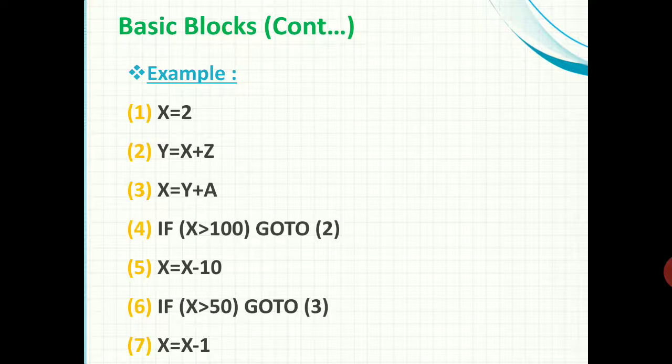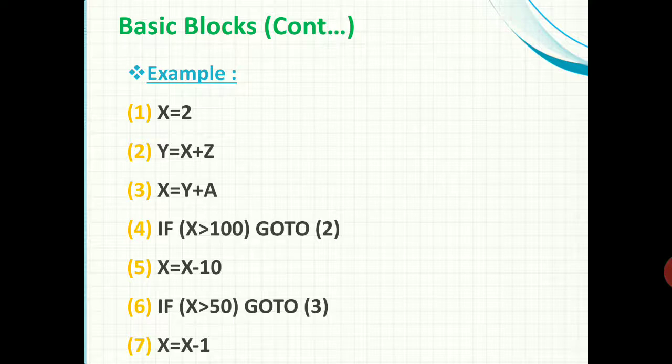So we can combine the first instruction, that is x equal to 2, and y equal to x plus z into the same block? No, because whenever the condition if x greater than 100 is satisfied in the fourth statement, the control will go to statement 2 only.